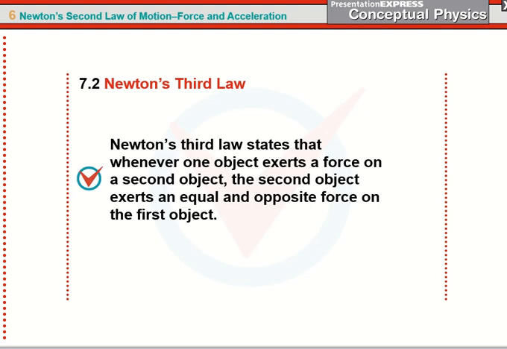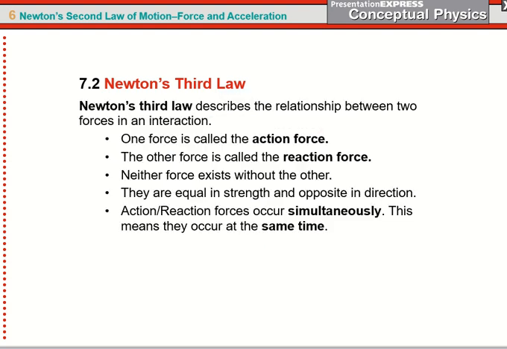So again, Newton's third law states whenever one object exerts a force on a second object, the second object exerts an equal and opposite force on the first object. Those forces are equal, they're simply in opposite directions. Newton's third law describes the relationship between two forces in an interaction.